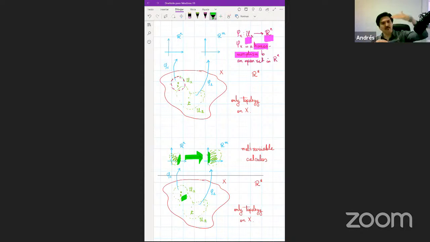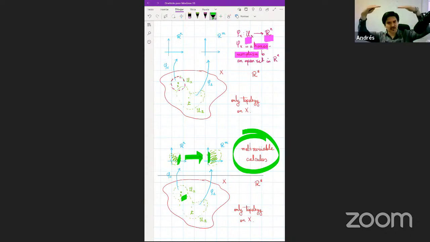And so above that line, you can talk about derivatives. And that's the multivariable calculus that you have here. So that's the whole idea. Below, you cannot know anything about derivatives. You only have topology.